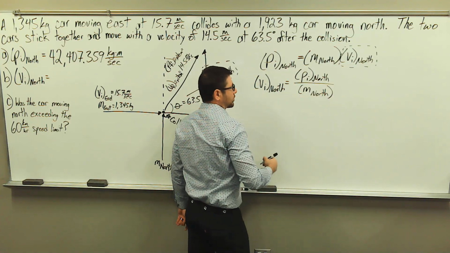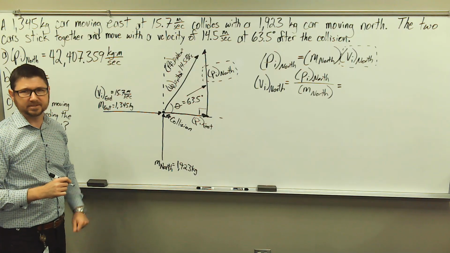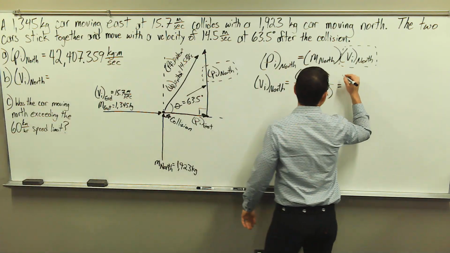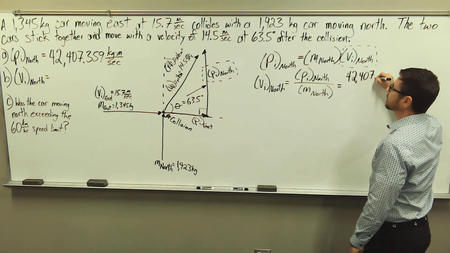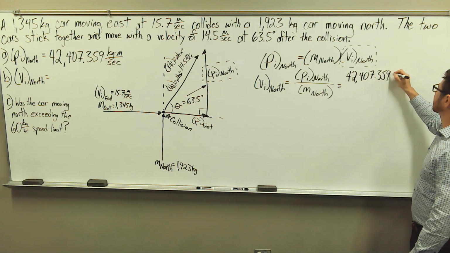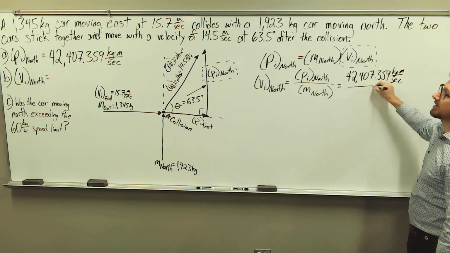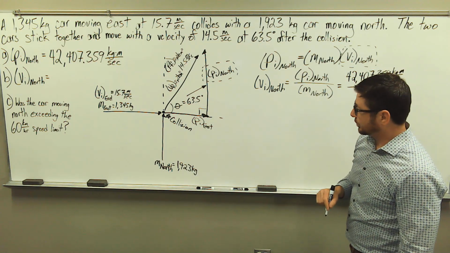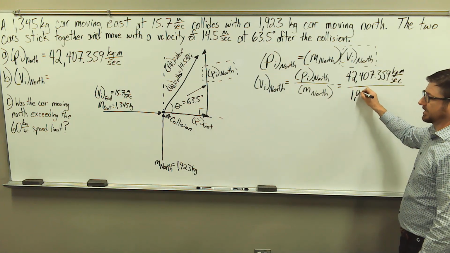Okay? So what I'm going to do is just plug in some values. So we're going to use the calculated value for the initial momentum. This is 42,407.359 kilogram meters per second, and we are dividing by the mass of the car moving north, which is right here, 1,923 kilograms.